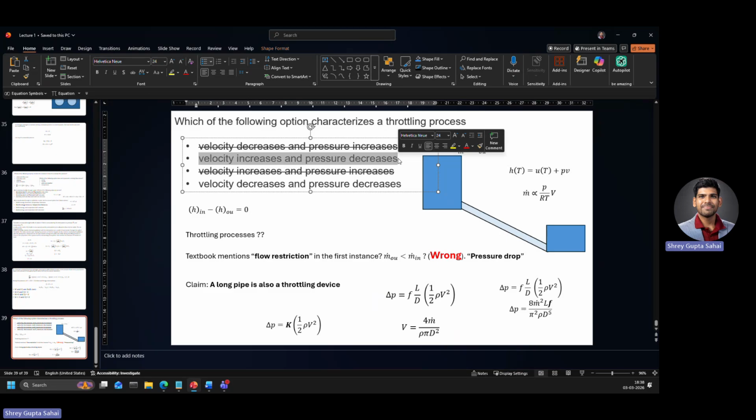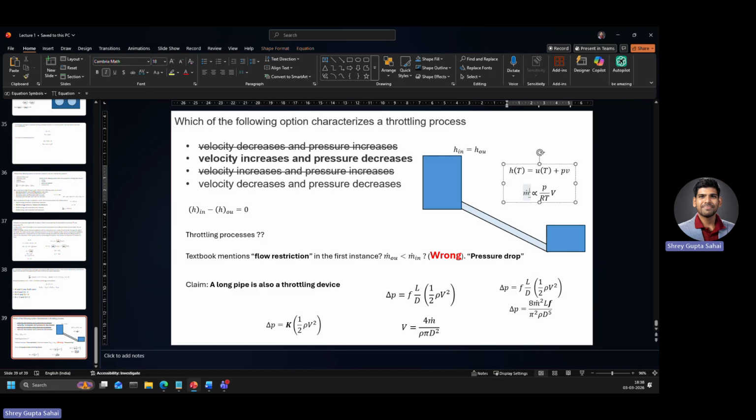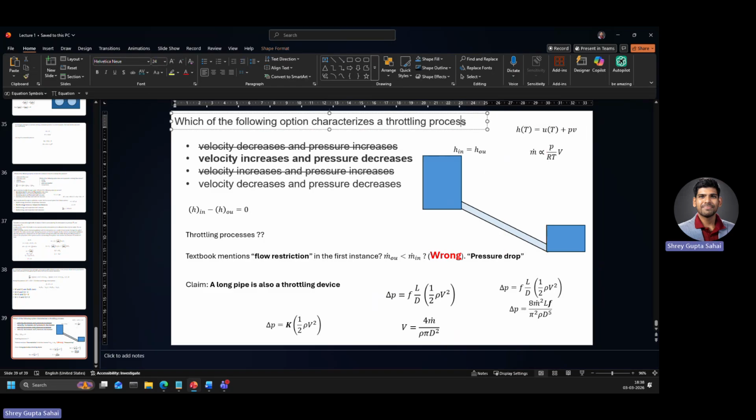This is important. Only for an ideal gas does velocity increase. So let me write this: ideal gas, IG. This is the important part.